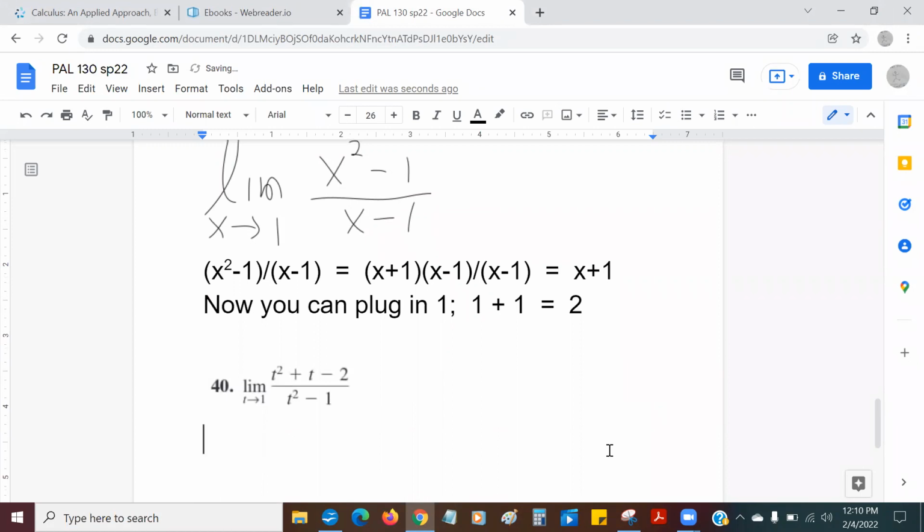So this reduces, I can factor this. The top is t minus 1 times t plus 2.